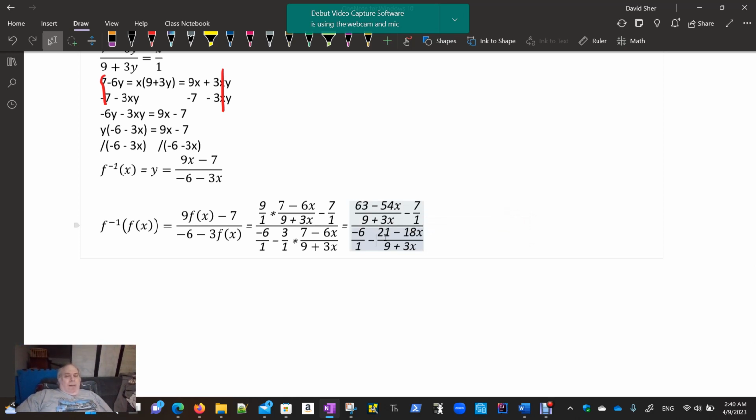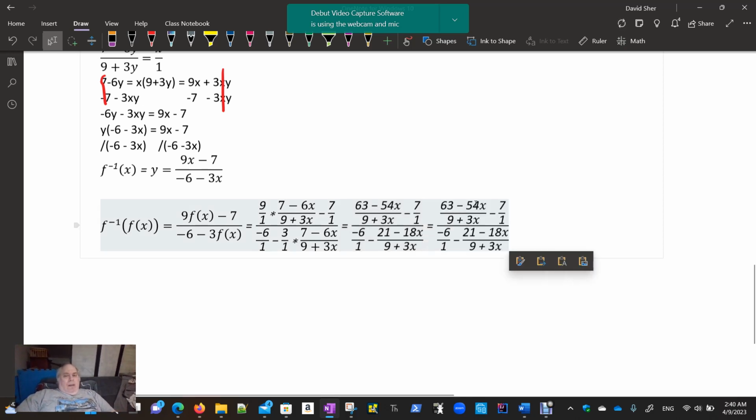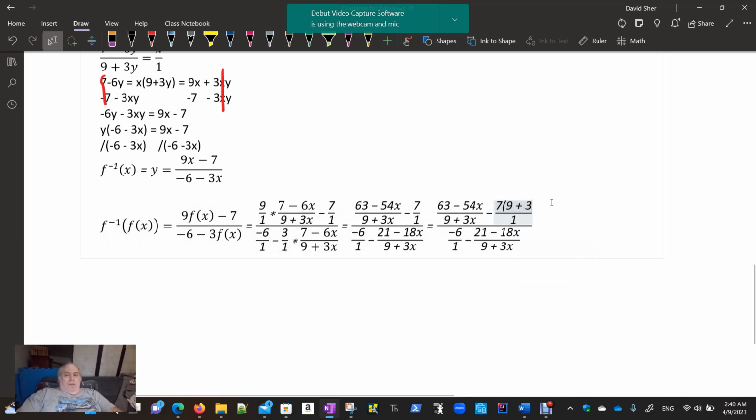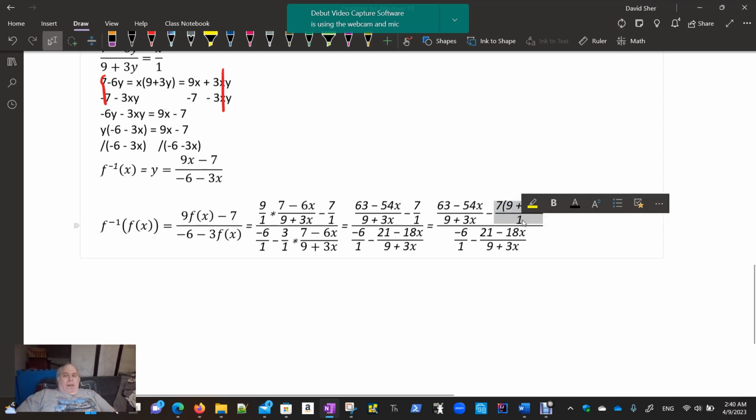Now, what we got to do now is common denominator these guys. So, the common denominator on the top is going to be 9 plus 3x, and on the bottom, they're always the same. So this is going to be 9 plus 3x over 9 plus 3x.